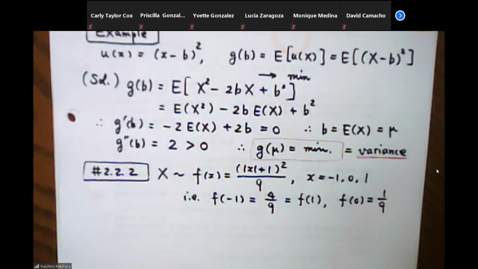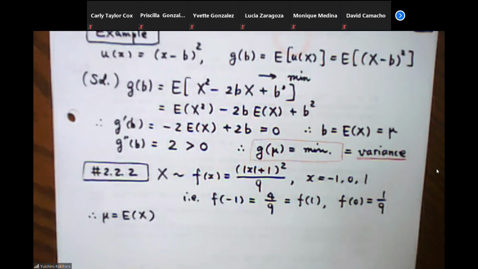Then calculate the expected value, or mu. What is E of x? Let's calculate E of x. By definition, it is the sum of x times f of x, where x is negative 1 through 1.